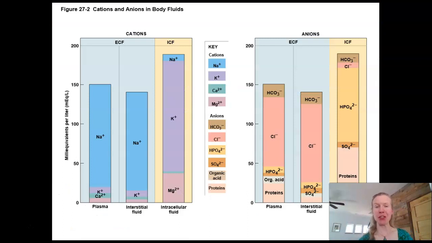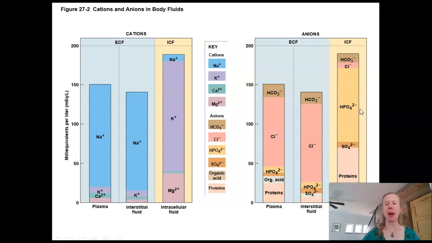Okay, then we start getting into the nitty gritty. Cations, positively charged electrolytes. Extracellular fluids, outside of the cell, we have primarily sodium. Intracellular fluid, recall, is dominated by potassium. As far as the anions or the negative ions go, outside of the cell, it's chloride.